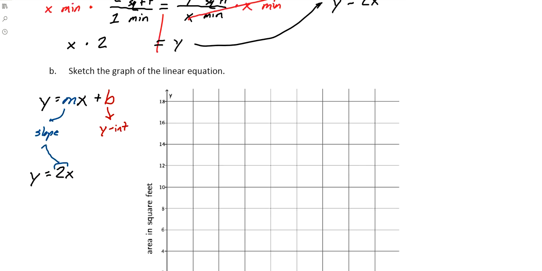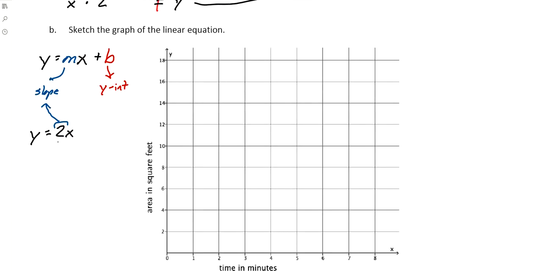That means the slope of this problem is 2. So our slope is, remember, m stands for slope. M is equal to rise over run. So in this case, m equals 2. Well, we can make 2 a fraction by putting it over 1. So we have our slope.